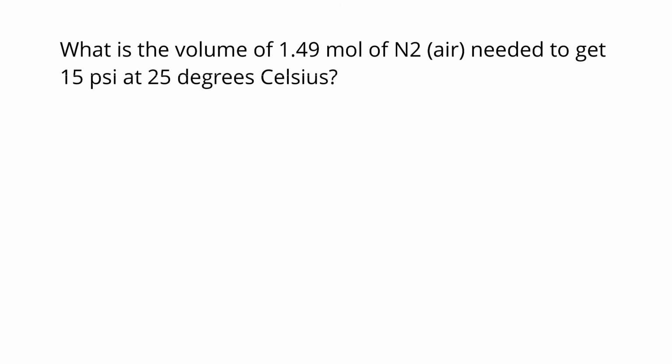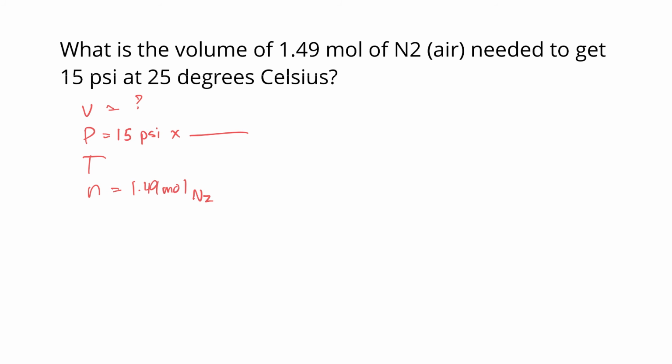Okay, one last question. What's the volume of... volume, pressure, temperature, moles. So they want to know volume. Moles, they give me 1.49 moles, and it's nitrogen. Needed to get 15 psi, so the pressure is 15 psi.